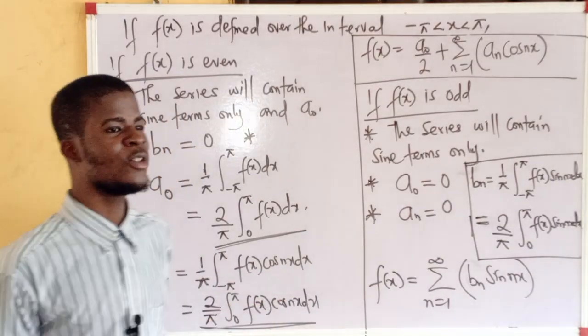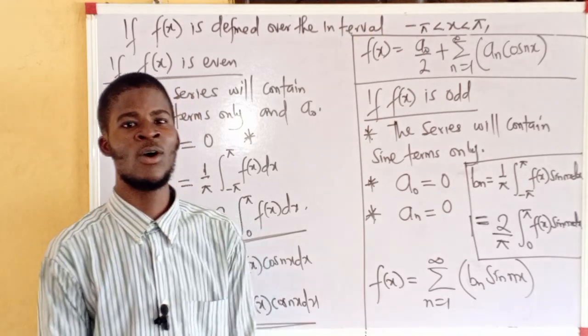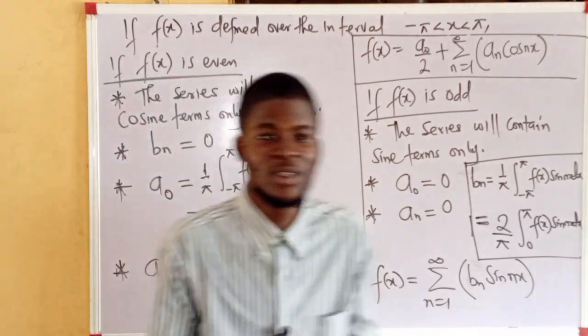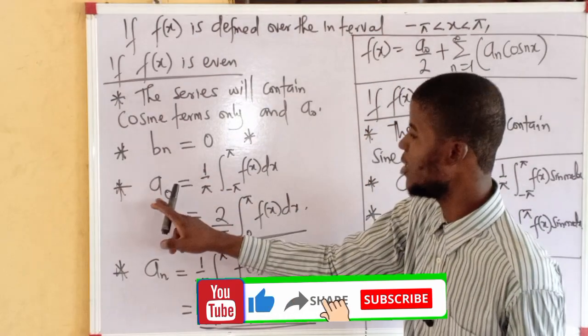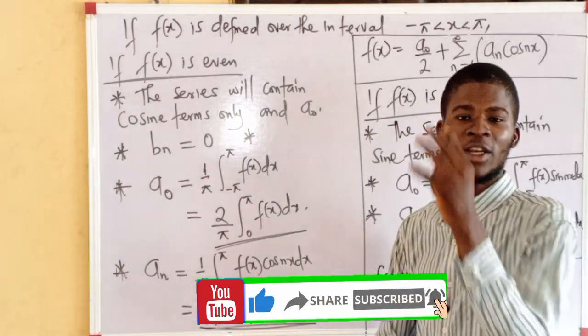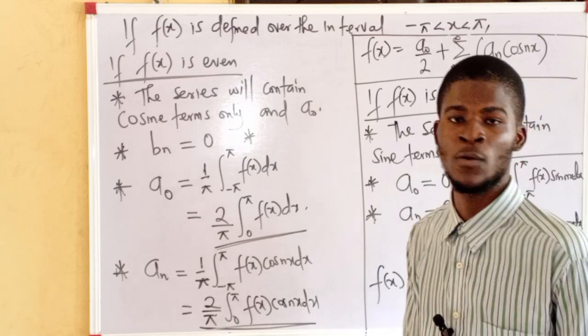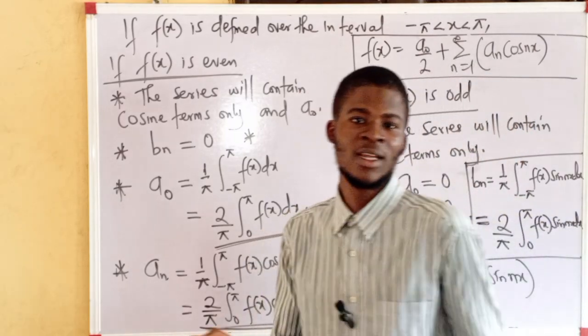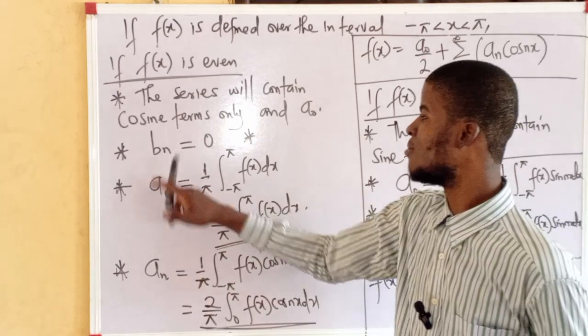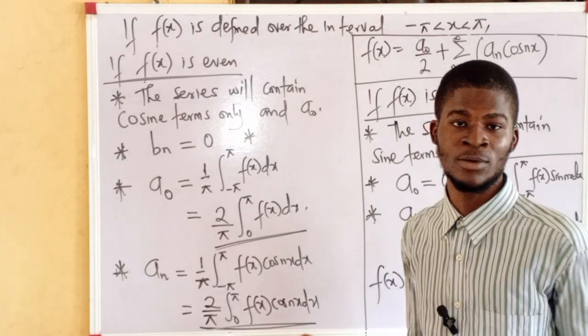What if the function is neither even nor odd? Unfortunately, well, we are going to calculate for b sub n, a naught, and a sub n. The 3 Fourier coefficients will be calculated for, because the function is neither even nor odd. Maybe along the line, one of them or thereabouts becomes 0.